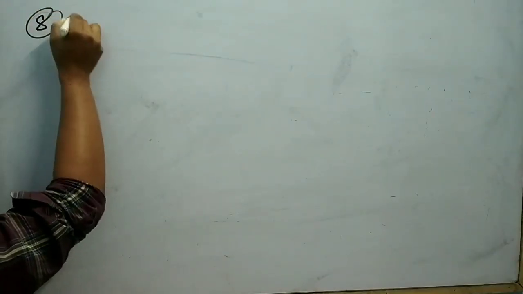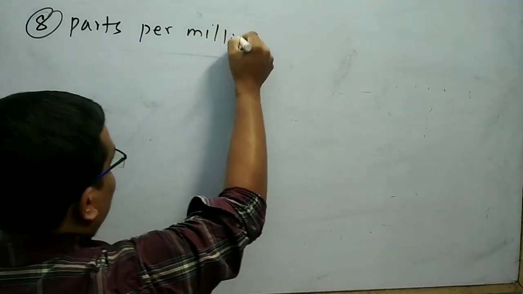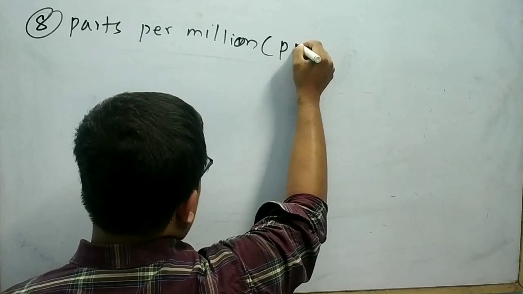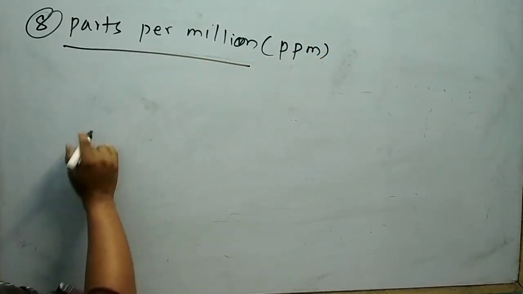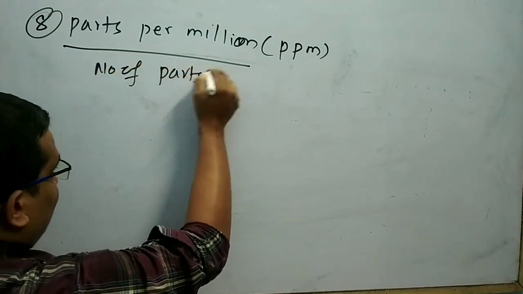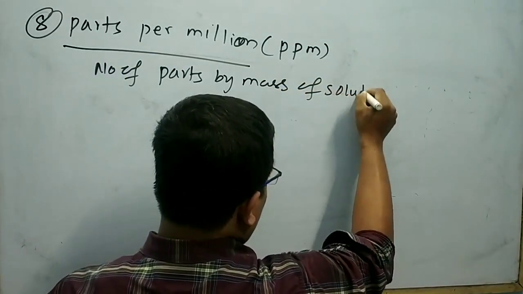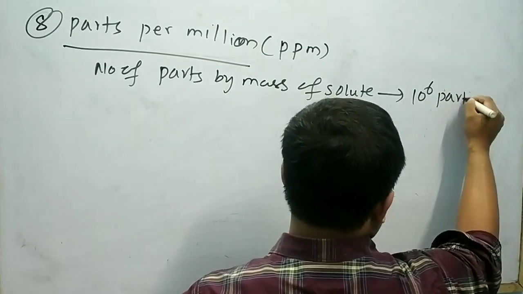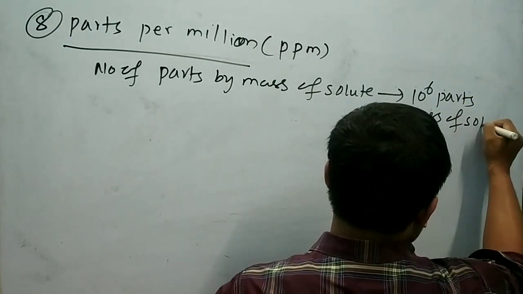Next I will explain about parts per million. It is shortly represented as ppm. Parts per million means number of parts by mass of solute present in 10 to the 6 parts by mass of solution.